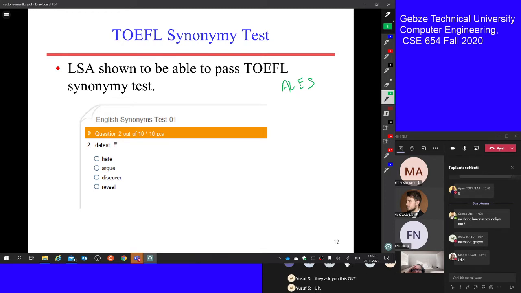Find the synonym for this word, detest. Which one is most similar? Hate, argue, discover, or reveal. Which one is it? Is it argue?